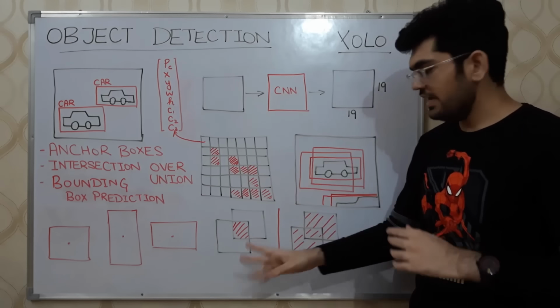Since they have a very high IOU value, this means that they are actually representing the same object. Therefore, we discard these other two bounding boxes. Now, these two other bounding boxes, they have a very low IOU value. This depicts that they represent some other object. And we are going to apply the non-maximum suppression separately on these bounding boxes. And this is how the intersection over union part of YOLO works.